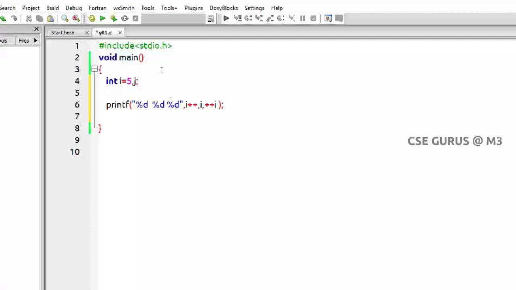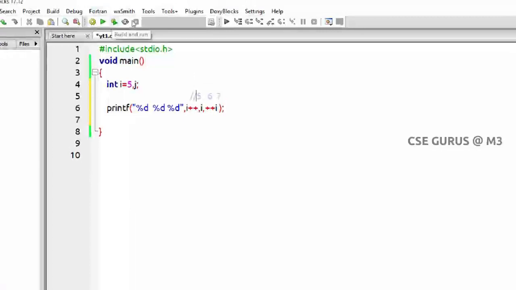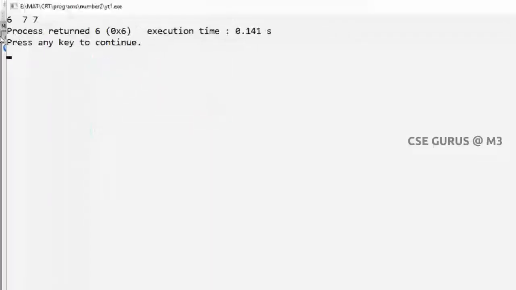In general, you can feel like i equals 5, so here it will be 5, then incremented, then the next prints 6, then 6++ will be 7, right? But we'll see the output it prints.